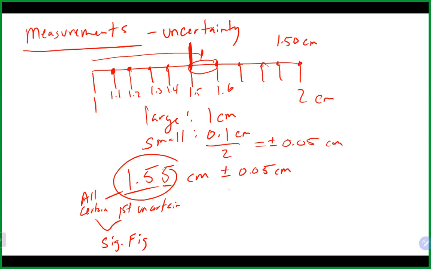With that, we did talk about significant figures. Remember that pretty much all non-zeros are significant. Any number that is a non-zero will be significant. We always start counting left to right with our very first non-zero as our first significant figure.